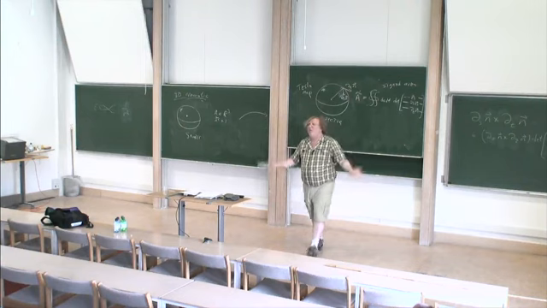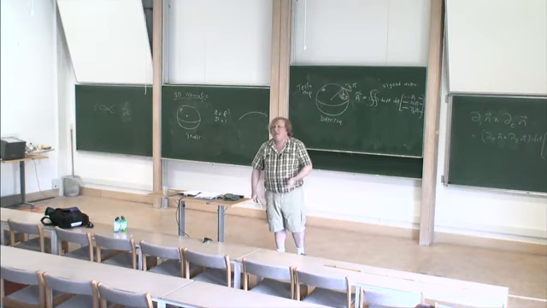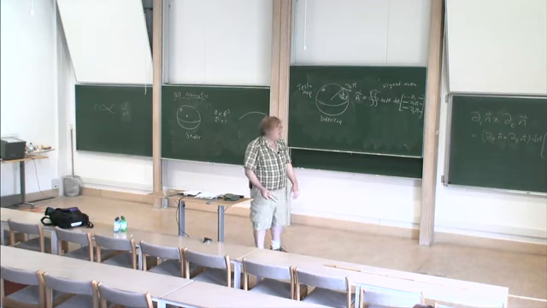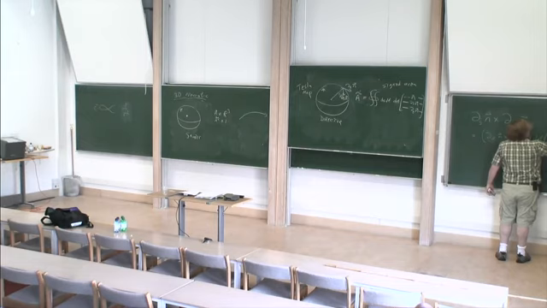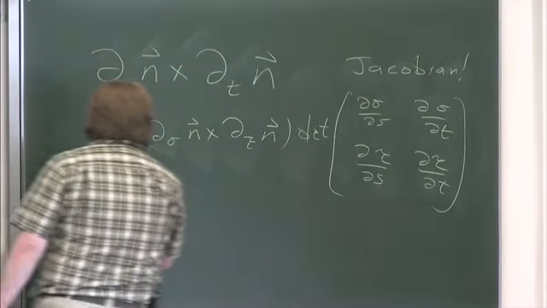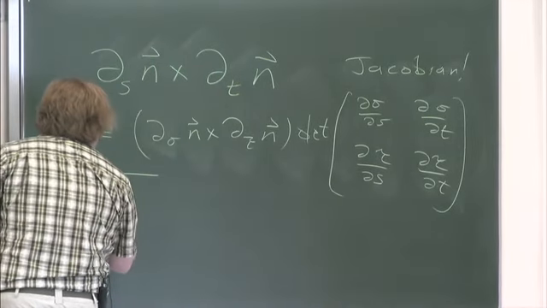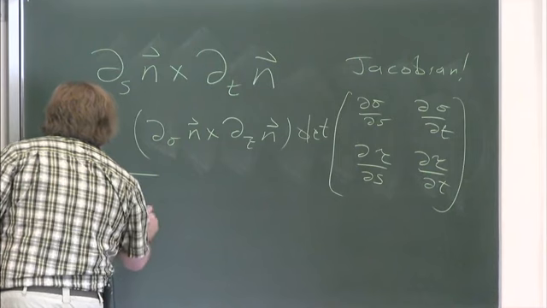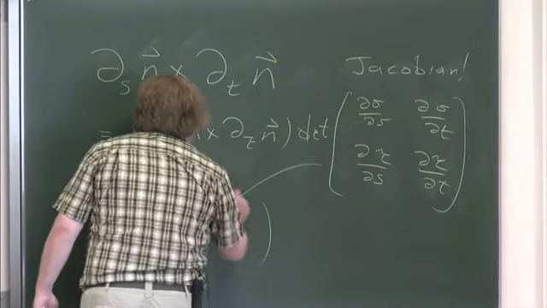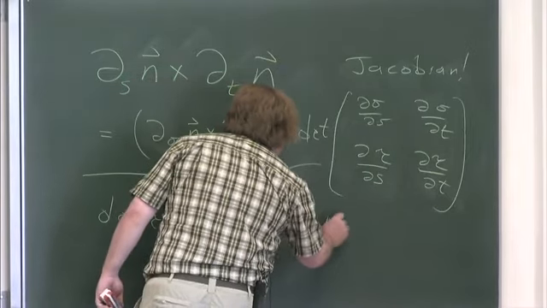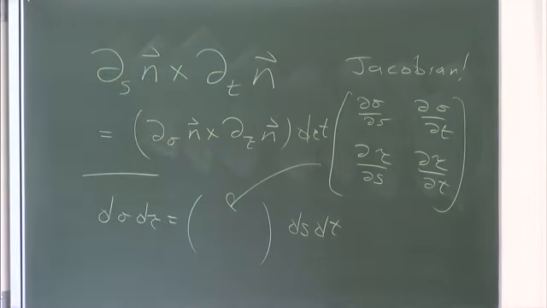That's, of course, the whole point of using forms. You don't have to keep calculating those Jacobians. It's all worked out for you. In other words, d sigma d tau is equal to this determinant times ds dt. And so that's good. It doesn't depend on my parameterization of my original sphere.